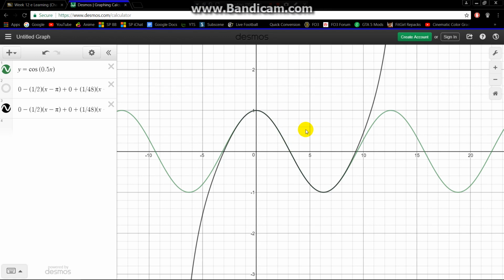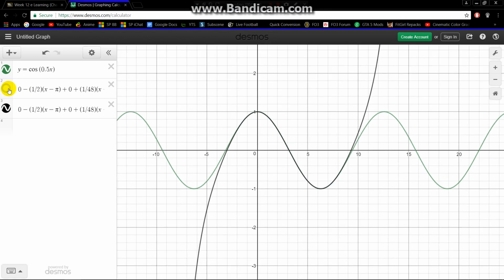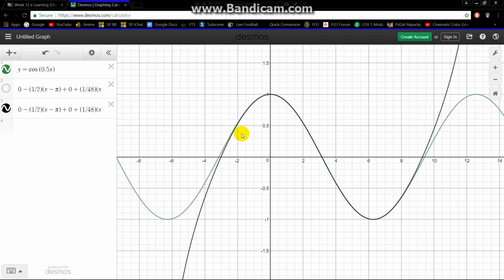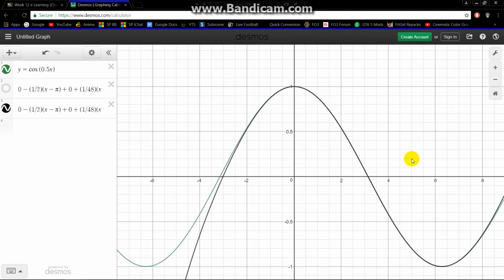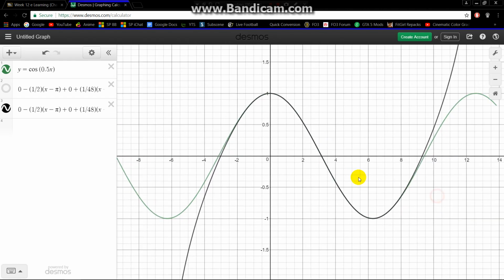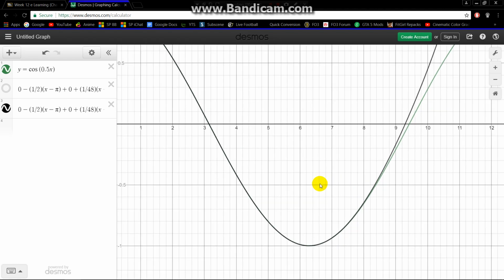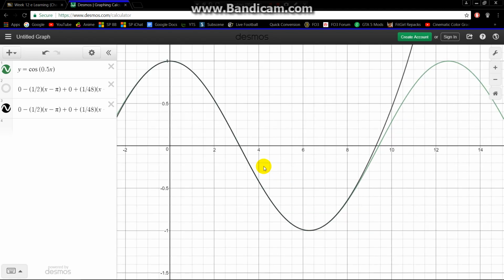From the previous graph, it looks more similar to the cosine half x graph, and it looks the same from around -1 to 7.